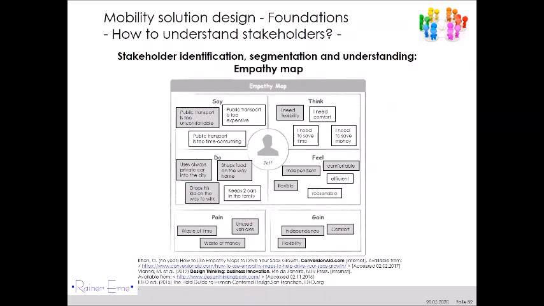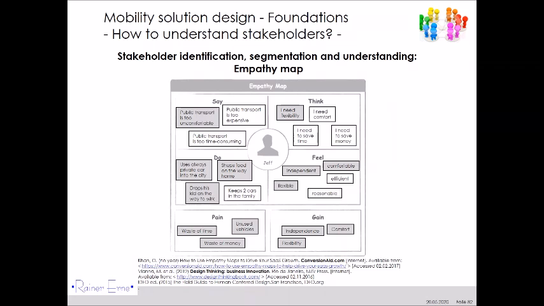So this is one method in order to document the information collected from your stakeholder research. Because Jeff also has pains and gains.